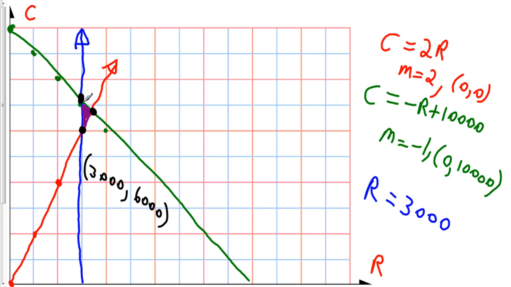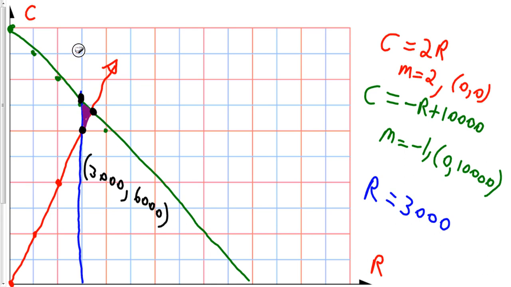The other one, r is also equal to 3,000 at this point right here, because it is on the blue line. If I plug that in here, I get C is equal to negative 3,000 plus 10,000, which is 7,000. Let me erase this part here because we actually don't need that.